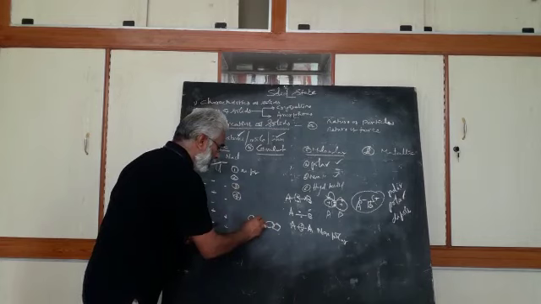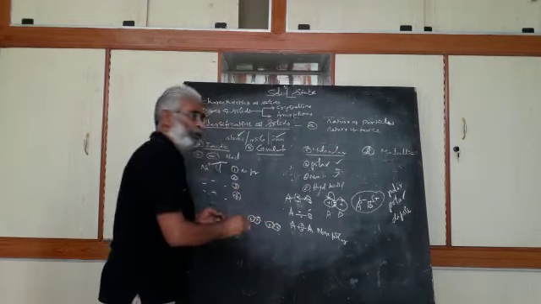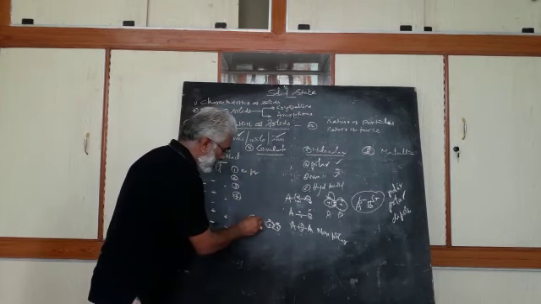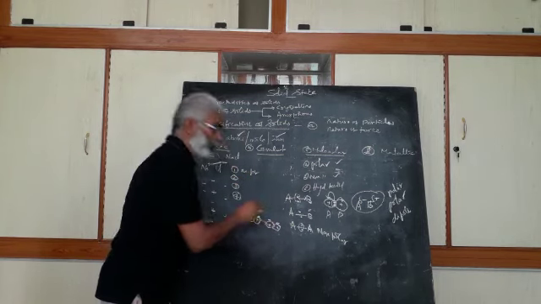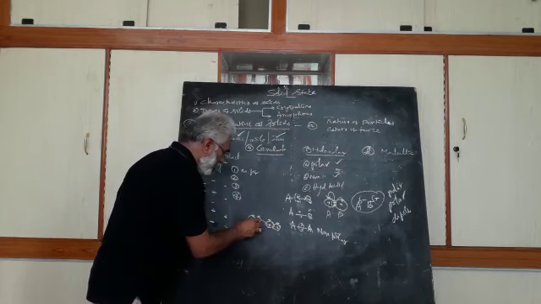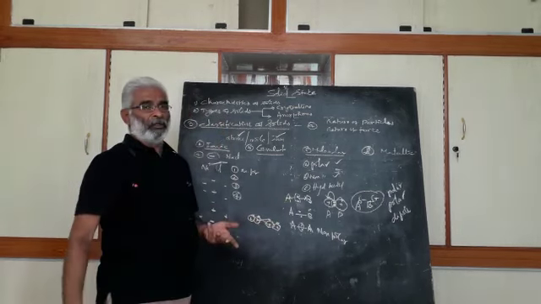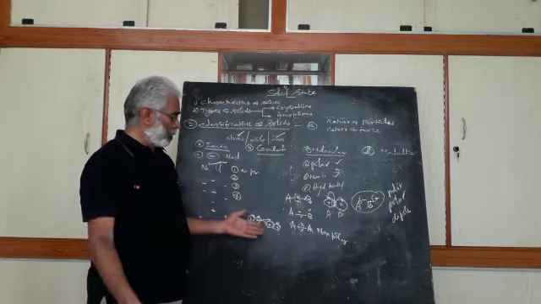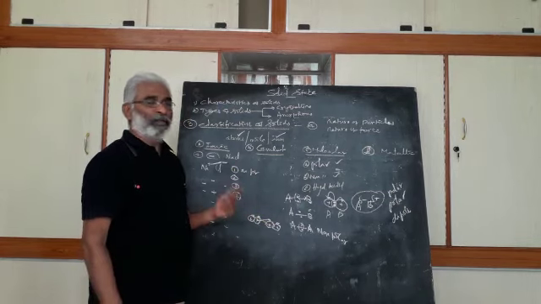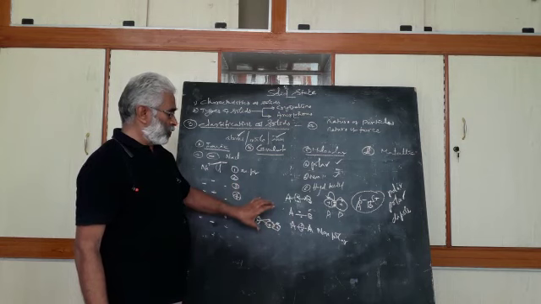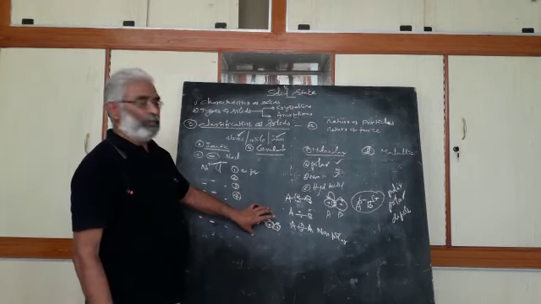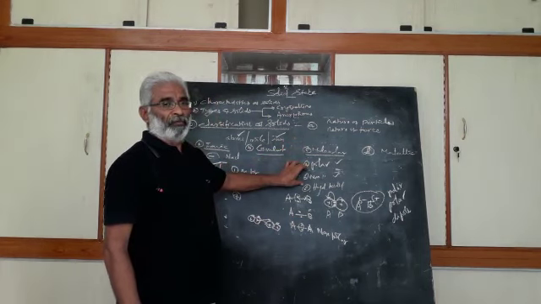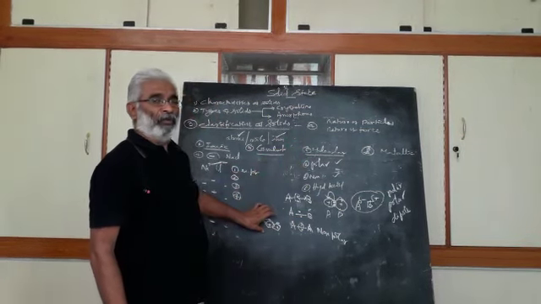Because of the positive charges in the nucleus and the electrons, this electron is attracted by the next nucleus, and this nucleus attracts the electron of the next molecule. This is a weak force. This is called the van der Waals force. Sometimes, depending on the nature of the molecule, it is called London forces. These weak forces operate in the non-polar molecules.